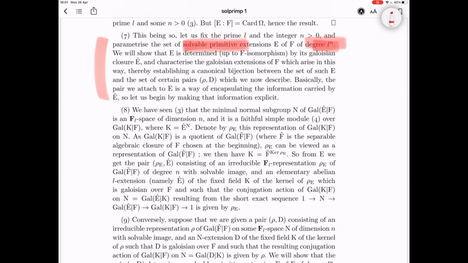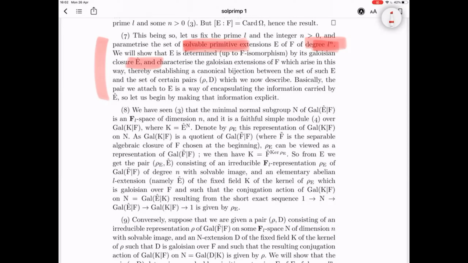What cannot happen? They cannot have isomorphic Galois closures without themselves being isomorphic. So in other words, the Galois closure E hat uniquely determines E. That's the first thing that we are going to prove.